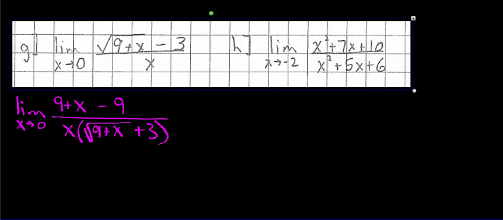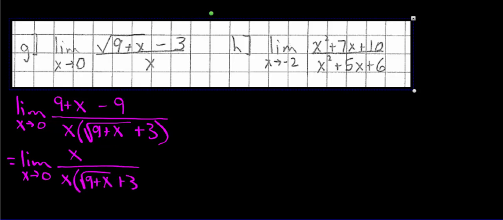And once again, we get the limit as x goes to 0 of x over x times the square root of 9 plus x plus 3. There. And this would be 1 over 6. Okay? So those are some special cases.